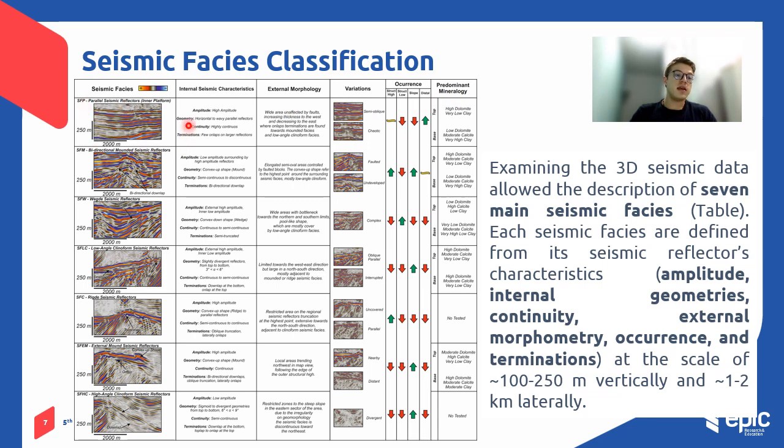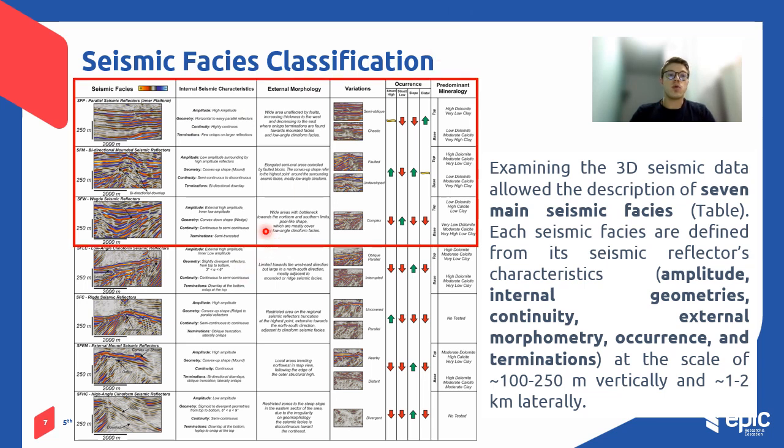All of these phases are taken into account on a scale of 100 to 250 meters on vertical scale, or approximately 1 to 2 kilometers laterally.